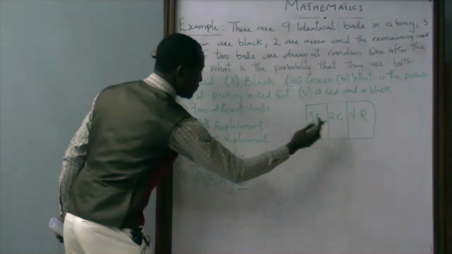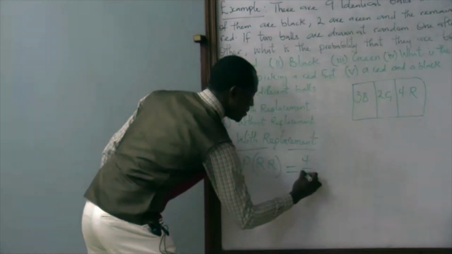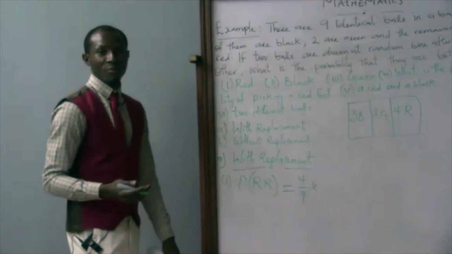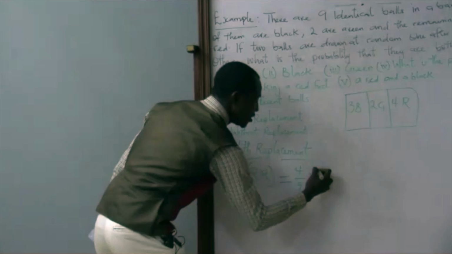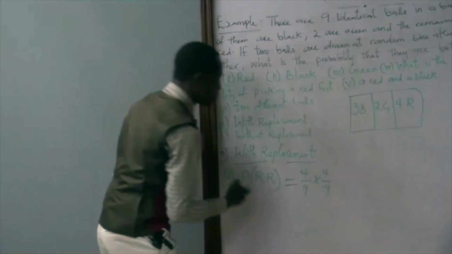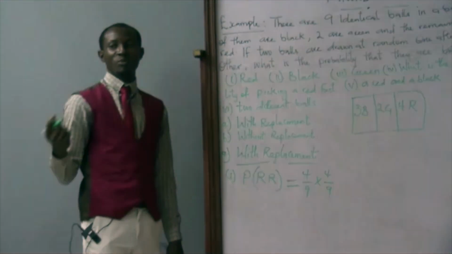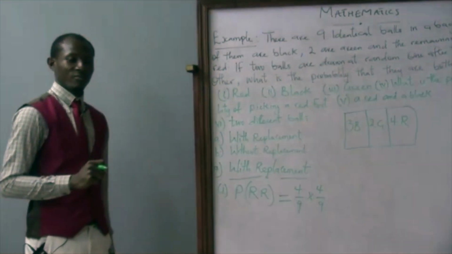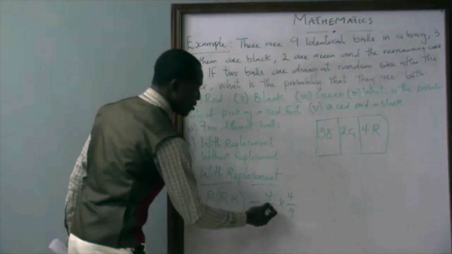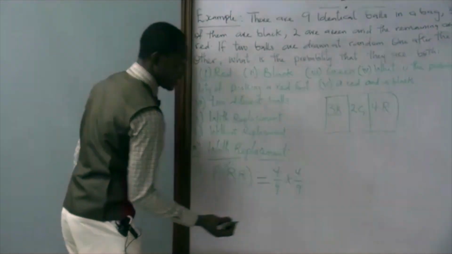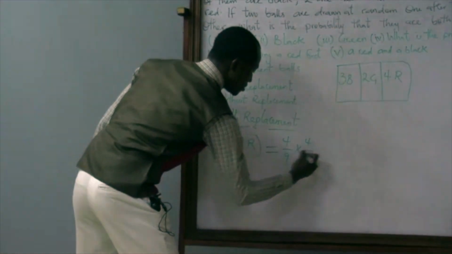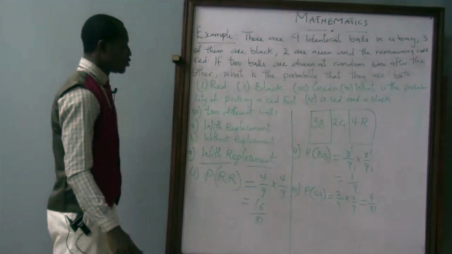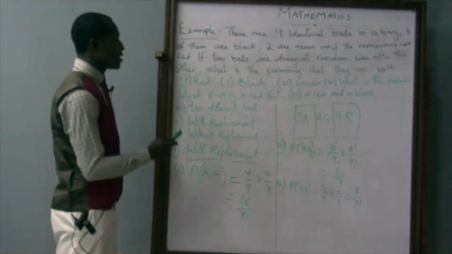So if I pick a red first, it's 4 divided by 9, multiplied by, if I returned it, we still have 4 red balls, so it's still 4 over 9. That's what replacement means: after picking the first ball, I put it back before picking at random again. So 4 divided by 9 times 4 divided by 9 gives us 16 divided by 81.